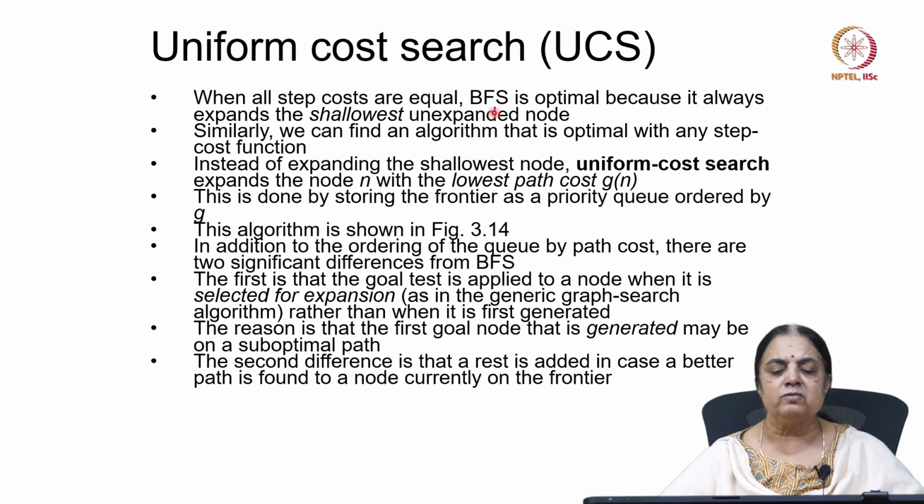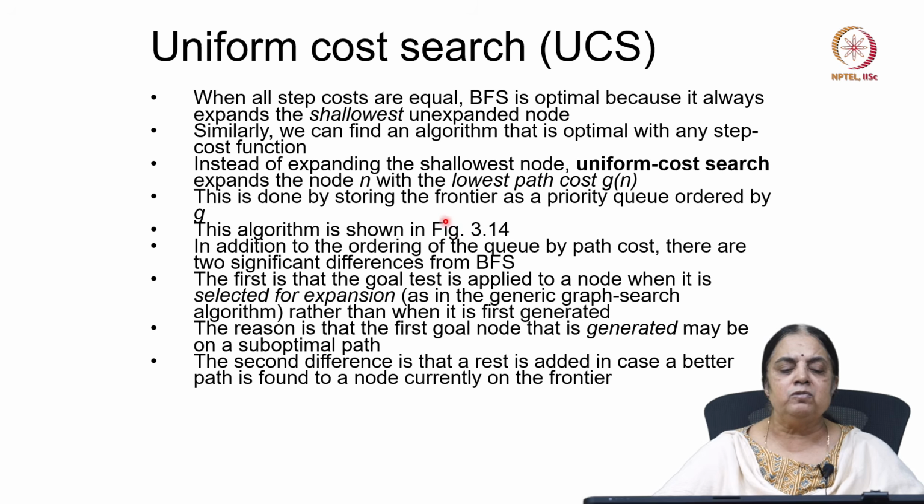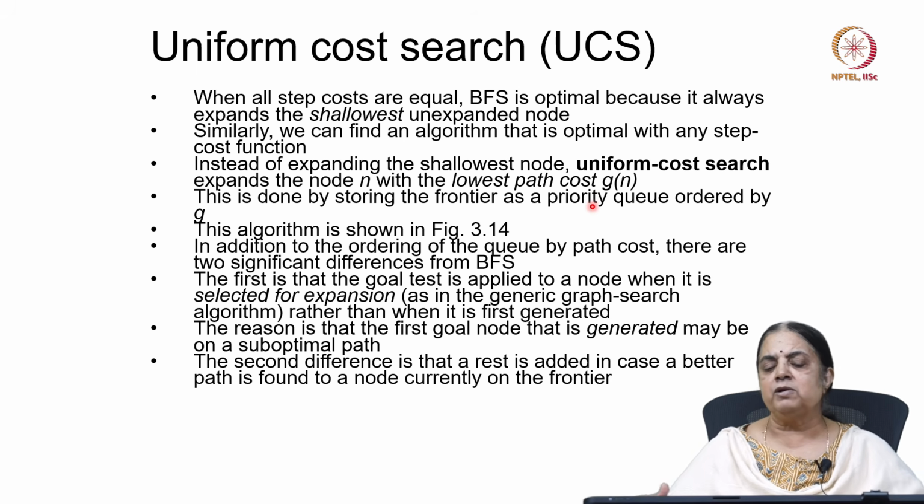So in the frontier, you use a priority queue and put the nodes according to the path cost. The one with the minimum path cost is put first, then you find the one with the next path cost, etc. So you are using a priority queue and drawing out the node with the minimum path cost at every point in time.